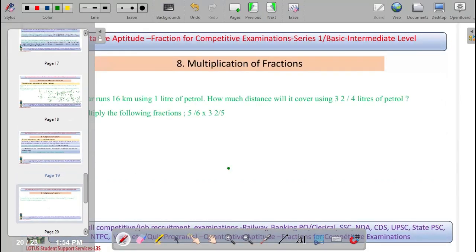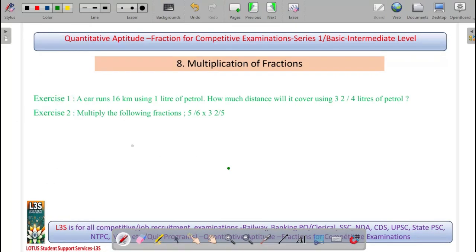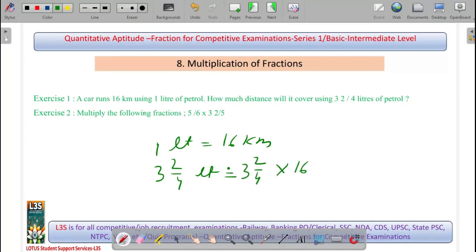Example, a car runs 16 km using 1 liter of petrol. How much distance will it cover using 3 2 by 4 liters of petrol? So 1 liter, 16 kilometers. That means 3 2 by 4 into 16.